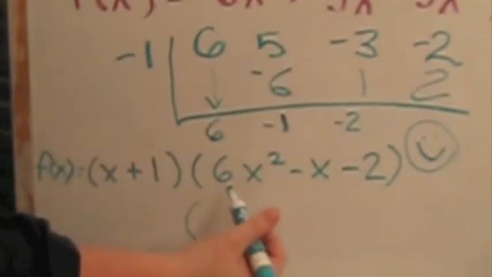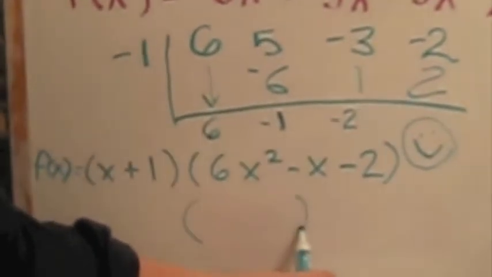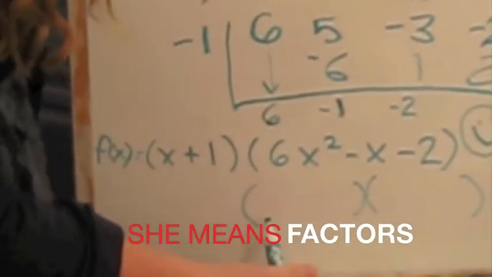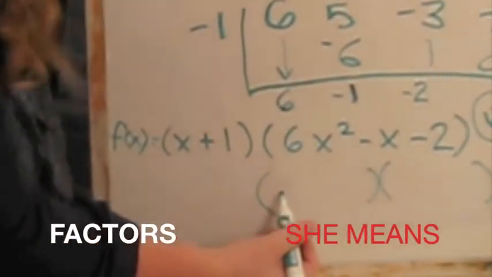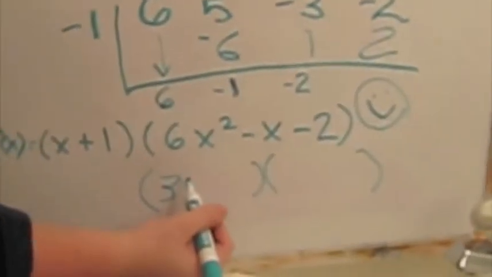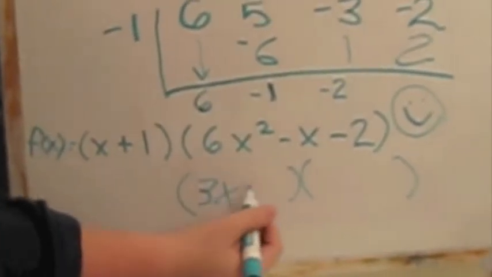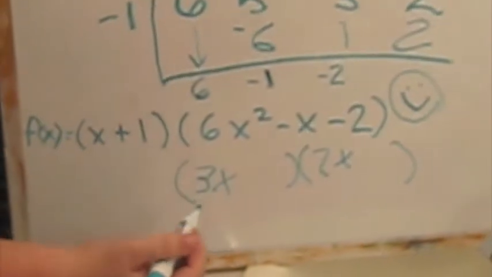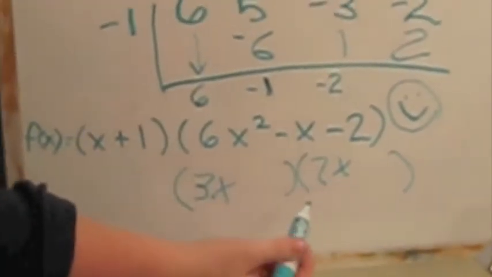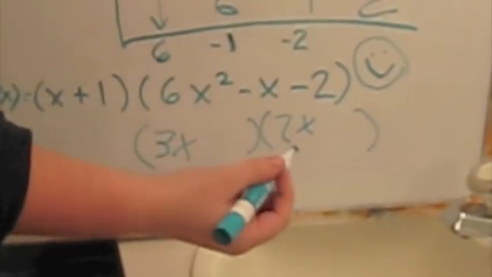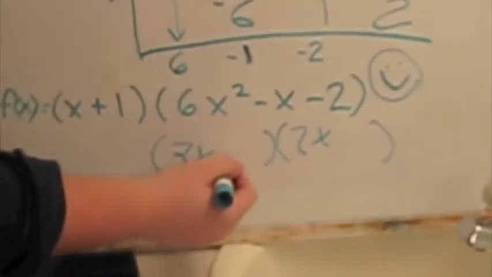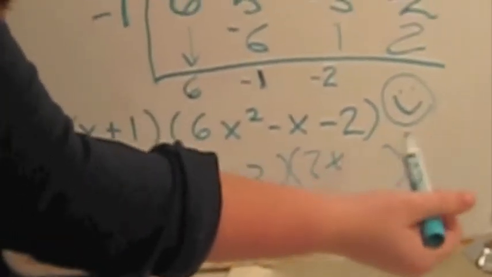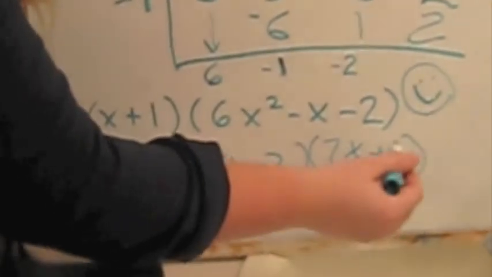First, you would find out what the first two terms are. Here you go. 3x and 2x will help equal 6 when they multiply. And then subtract 2 and plus 1.